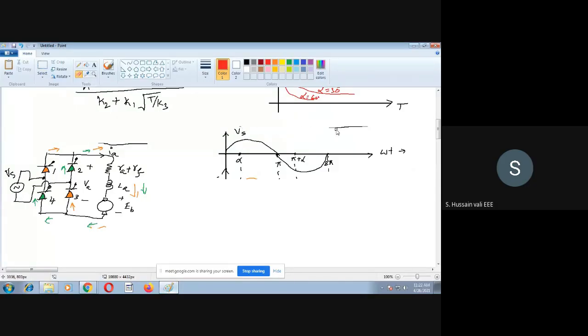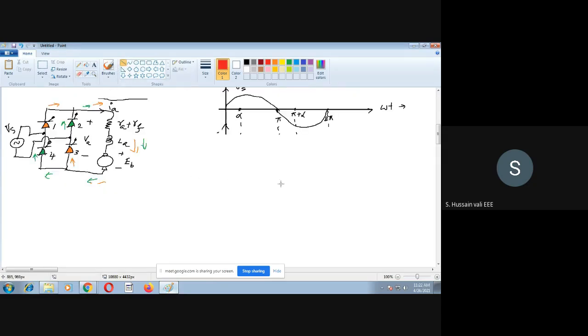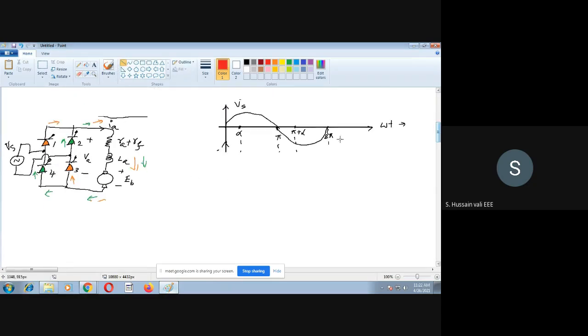So this is Vs. So in discontinuous conduction, at omega t is equal to alpha, you will find out that, I'm going to draw the output voltage waveform.